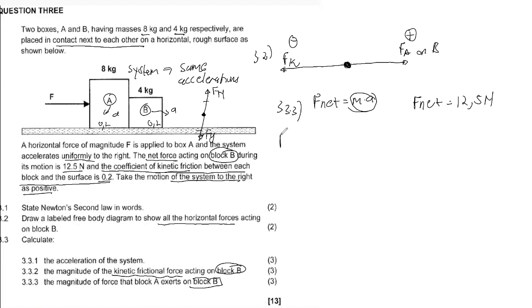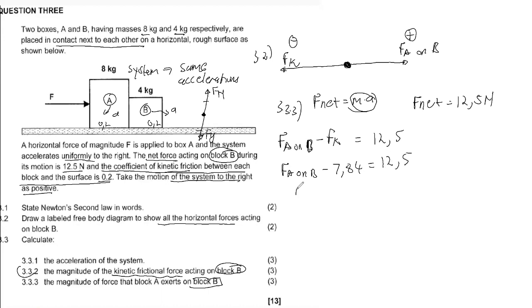Now, at this point, we need to say the force of A on B minus the frictional force that block B experiences is equal to 12.5. Remember, our net force is 12.5, and the force of A on B is what we are looking for. We do have the kinetic frictional force, the one that we calculated above in 3.3.2. So let's substitute: we got 7.84, and this is equal to 12.5.